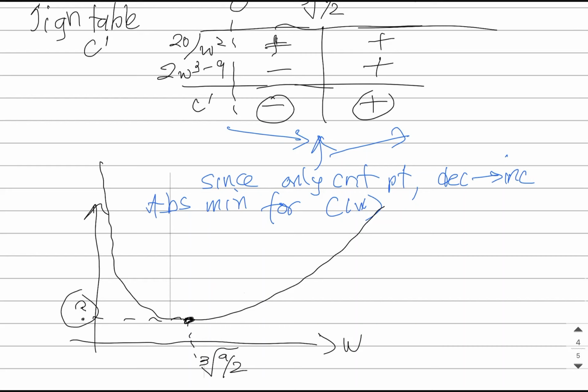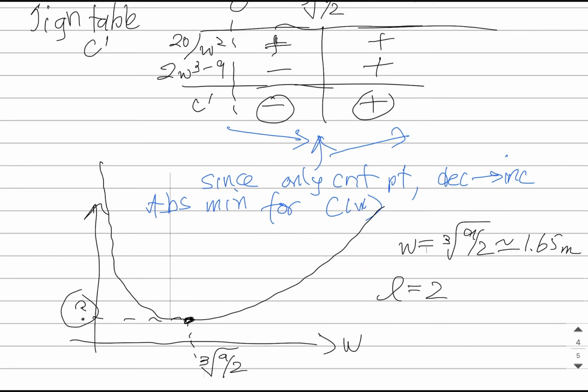But the question here is asking us for the value. What is the cost? When I go to Home Depot, I need a bunch of information. I need to tell the person that's working, I need this material. These are the dimensions I want to cut it at. And this is the ultimate cost that I should expect. So that means that the width will be about the cube root of 9 over 2. So that's about 1.65 meters.